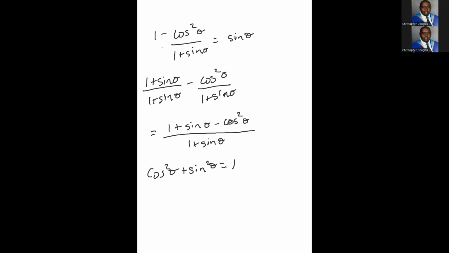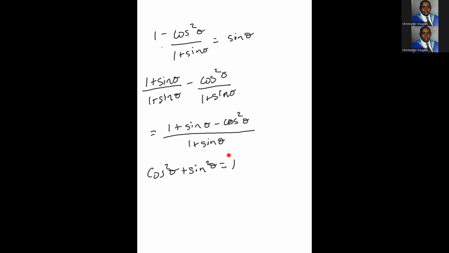But look at this now. If I treat it as negative cos, which means this cos squared here should become negative, I'll basically take it and move it. Because if it's positive here, if I move it over here, it's going to be negative, which means the 1 over here is going to come over as well. So if I do a double switch with the 1 and the cos squared theta, the cos squared theta is going to become negative, and the 1 here is going to become negative moving over.